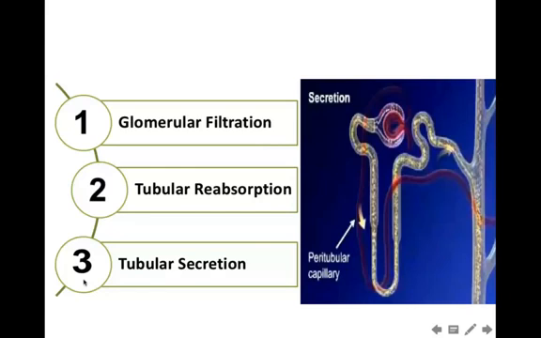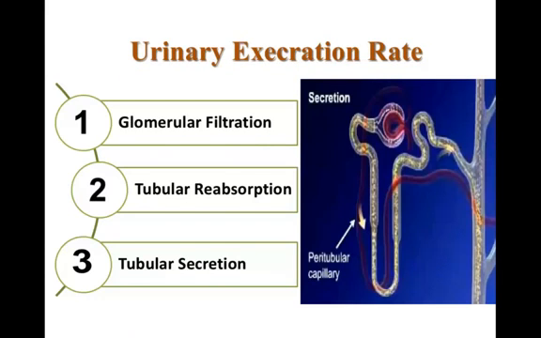Tubular secretion, meaning transport of substances from pretubular capillaries into the tubular lumen. I guess you can predict now the urinary excretion rate. Just subtract the tubular reabsorption rate from glomerular filtration rate, and then add the tubular secretion rate. It's that simple.